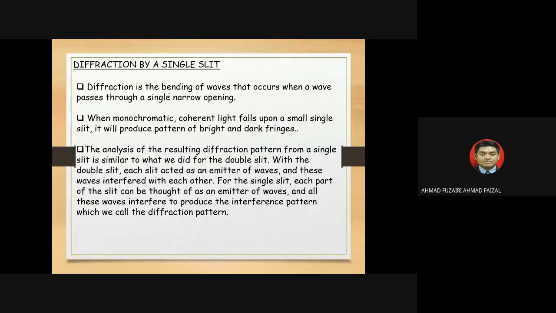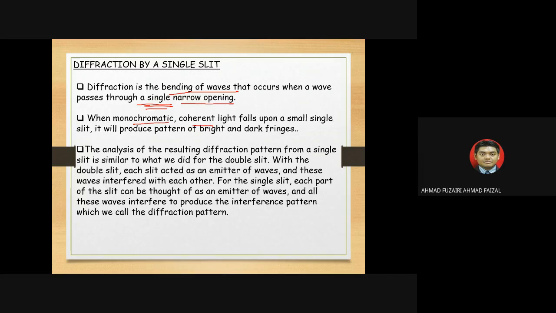It is the bending of waves or spreading of light that occurs when a wave passes through a single narrow opening. These are the rules for diffraction: the light must be monochromatic and of course coherent.